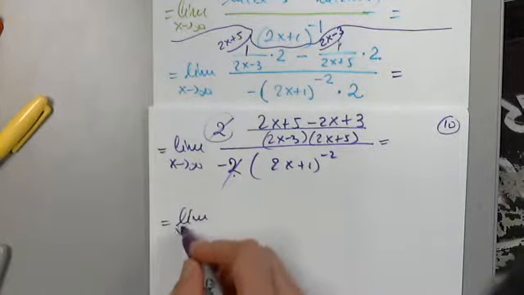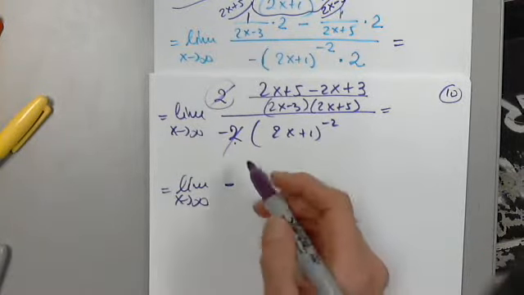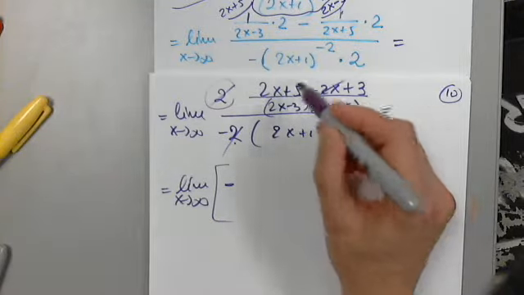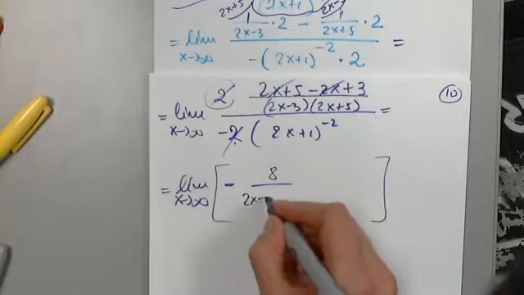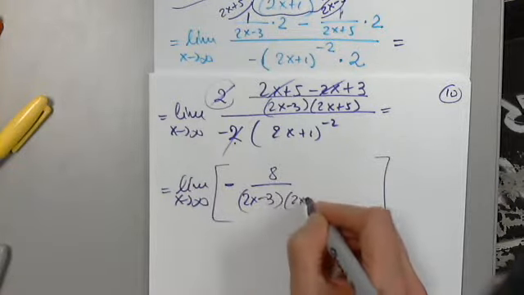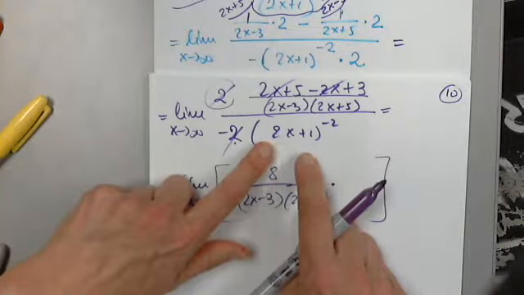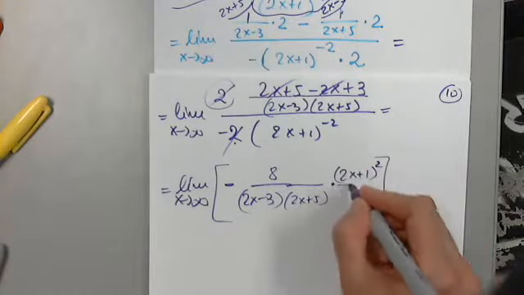So limit as x approaches infinity. Negative in front, so I don't forget about it. So the top is 8 divided by 2x minus 3 times 2x plus 5 times, if I flip this, 2x plus 1 squared over 1.